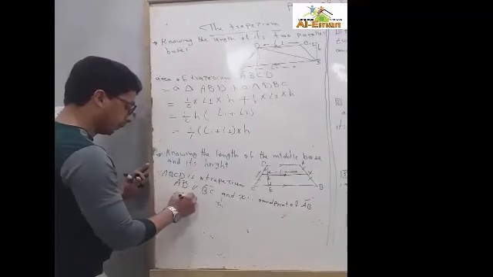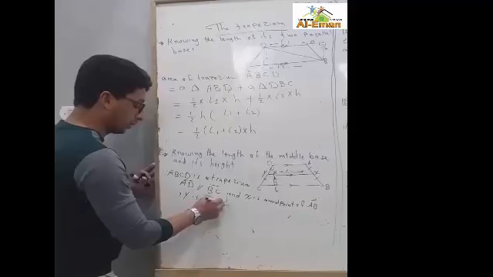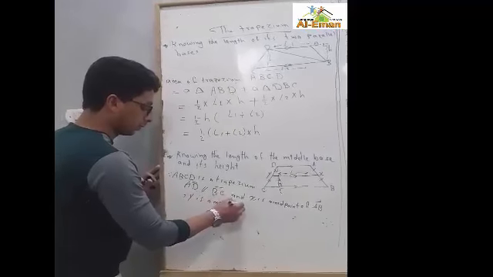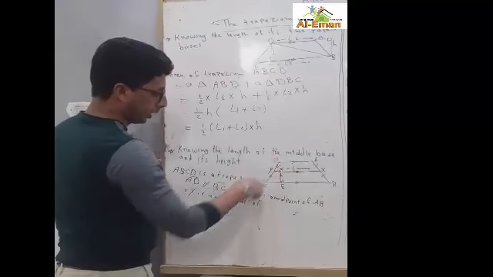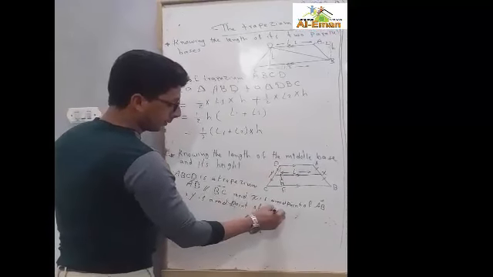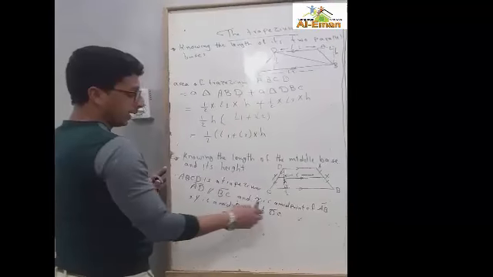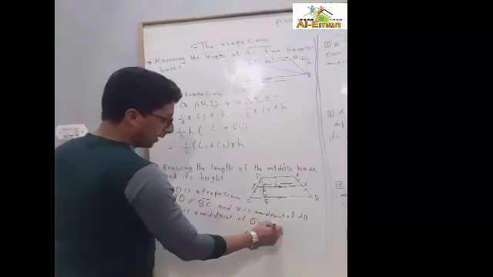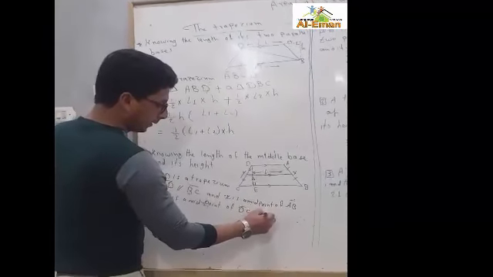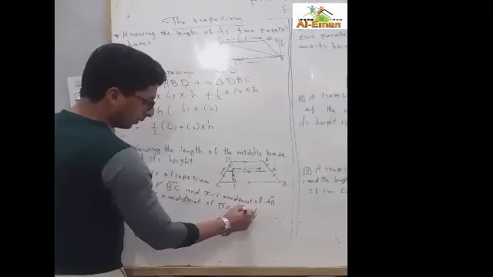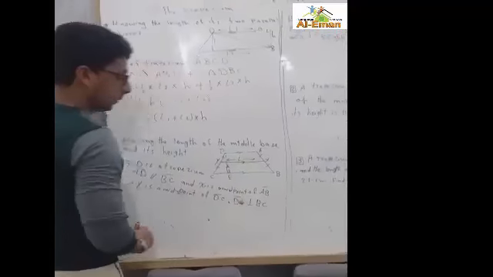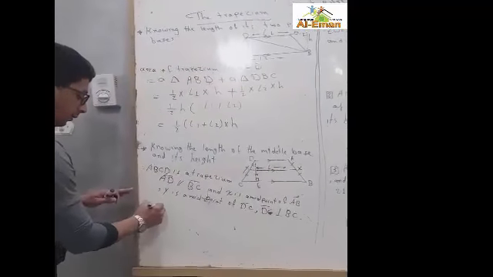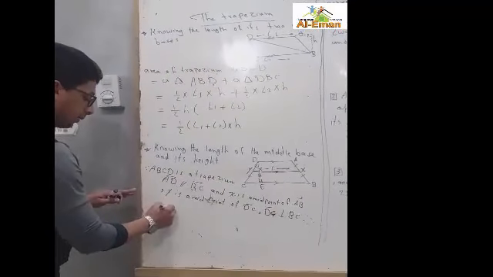Y is the midpoint of DC, and DE is perpendicular to BC.